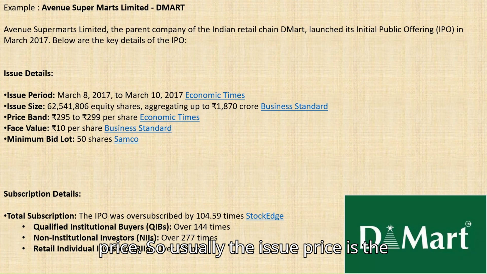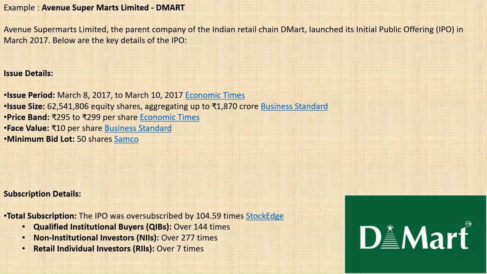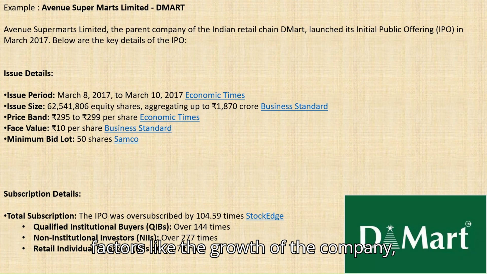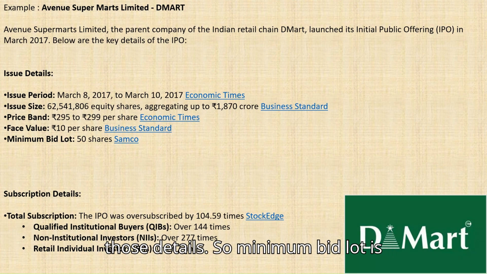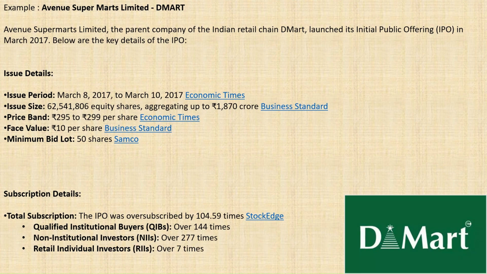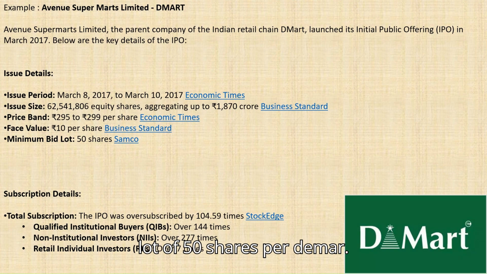Usually the issue price is the combination of face value plus premium, where premium includes all the factors like the growth of the company, the profitability of the company, and all those details. Minimum bid lot is the minimum count of shares where you can apply or bid for. So there is a minimum bid lot of 50 shares for DMart.